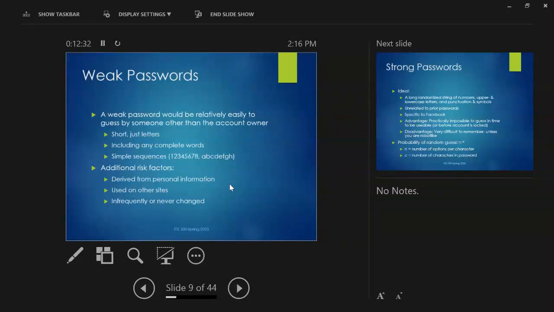Other risk factors, anything derived from personal information, right? This is the sort of thing you see a lot on cop shows, right? There'll be some big drug kingpin with some oceanfront mansion, and the cops go in there, and he's got a desktop in the corner, right? And most of the time, it's not even password protected, right? They just turn it on and boop, everything's right there.